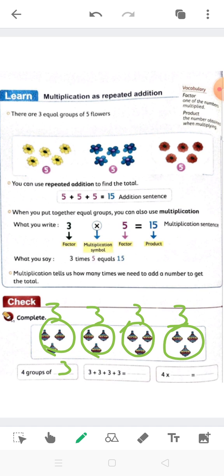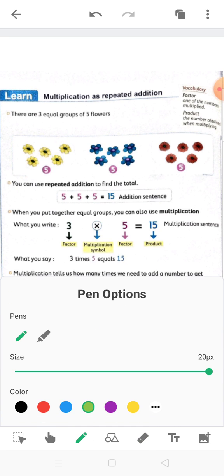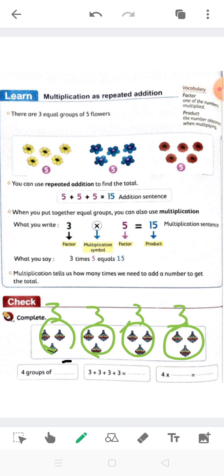Each group contains 3. We can use different colors. Okay. So 3 plus 3 equals 6. Plus another 3 plus 3 equals 6. 6 plus 6 equals 12.